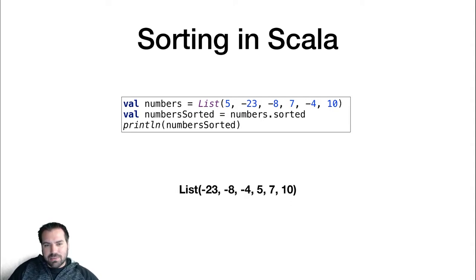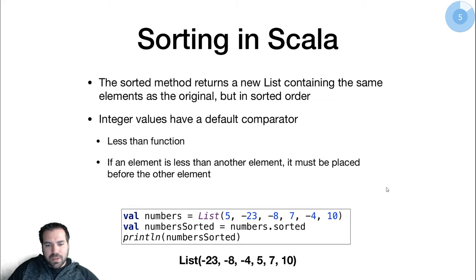So what's this lecture about? What this does when we call dot sorted is sort in the default order for the type that it's given. With ints, for example, the default way to sort these is from least to greatest. So the lowest value, -23, all the way up to the highest value in this list, 10. That's the default order.